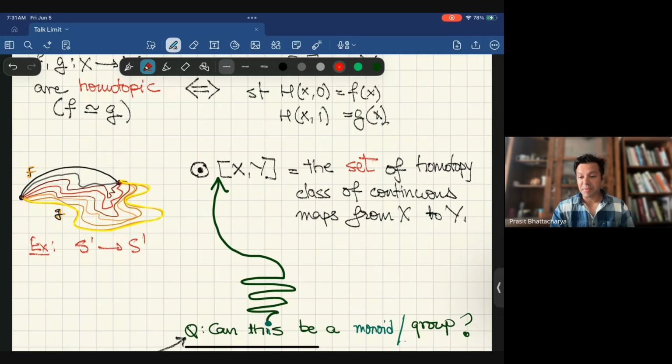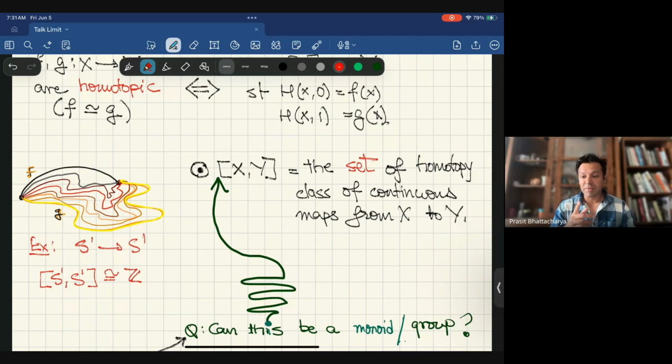There are many maps from S1 to S1, but up to homotopy, there are actually integer many maps, one for each integer, and this number is called the winding number.